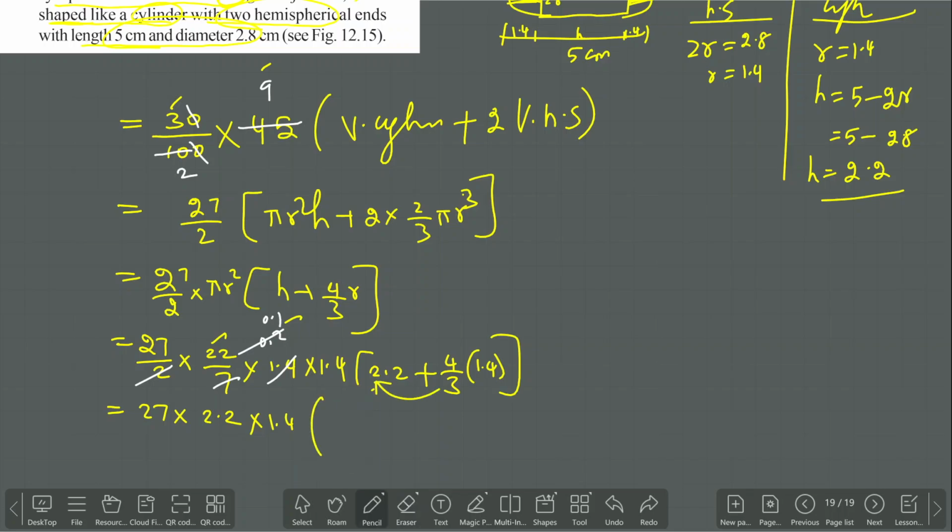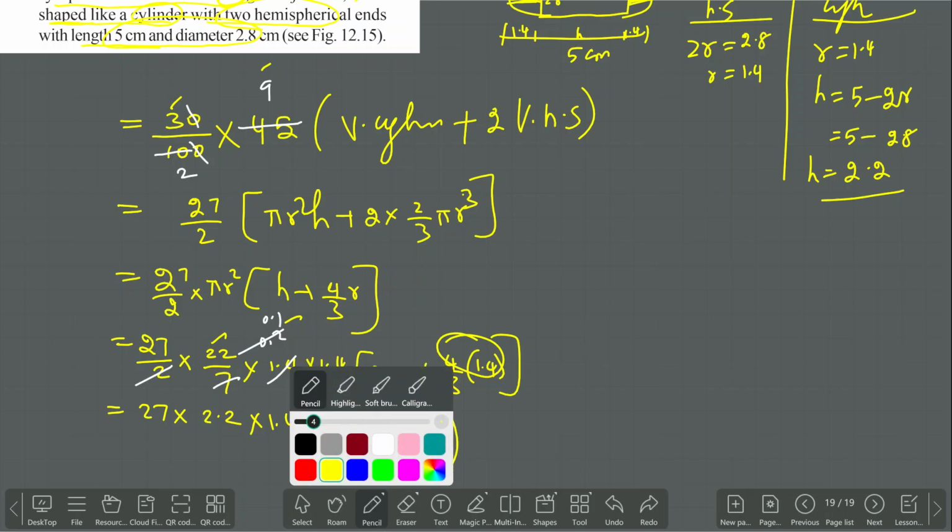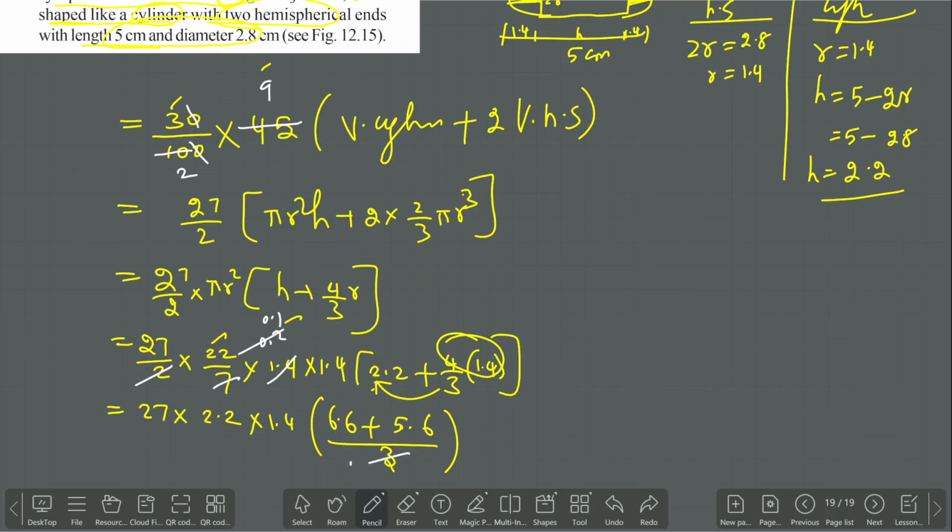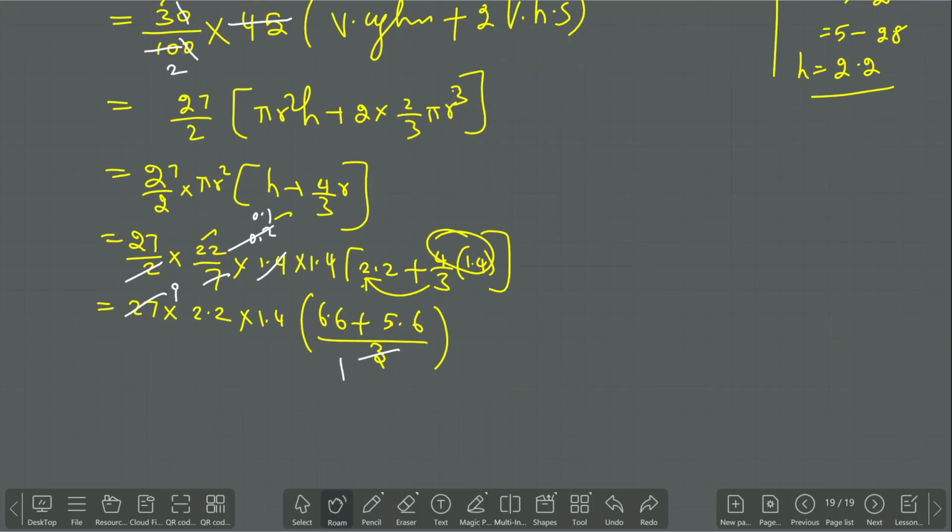So what I am getting? 6.6 plus, this you multiply each other, 4 4s are 16 remaining 1, 5 plus 1, 4 plus 1, 56 divided by 3 we are getting. And here also that 3 we can cancel, 1 3s are 9 3s are 27. The 3 we can cancel very clearly.